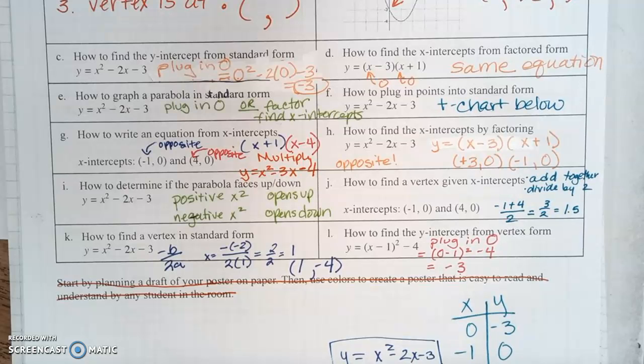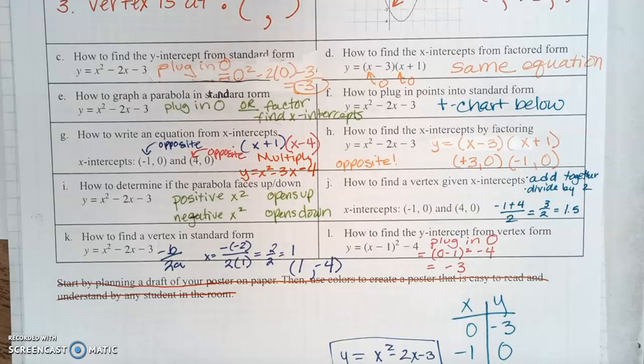You say x plus 1. So the opposite sign. Okay? If the other x-intercept is at 4, 0, you take the opposite of positive 4, and you say x minus 4. That gives you your other binomial.